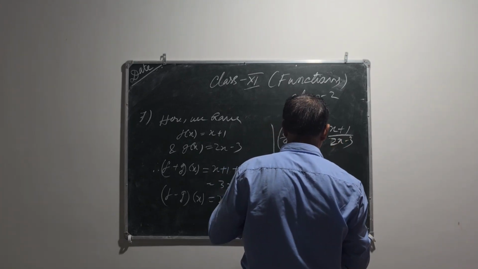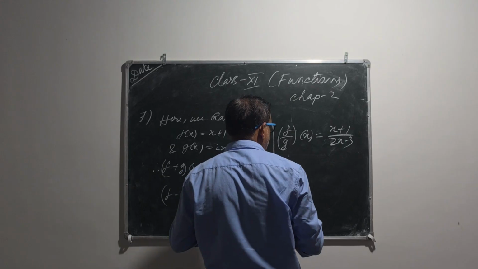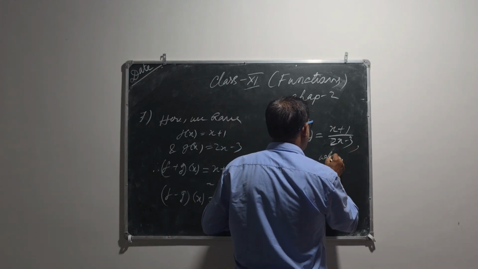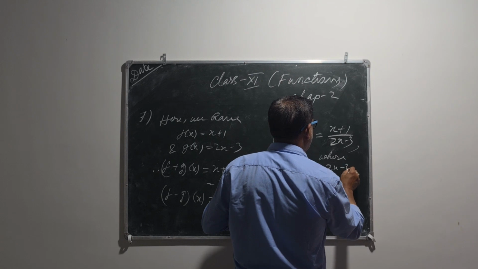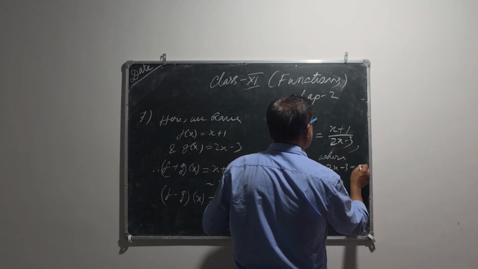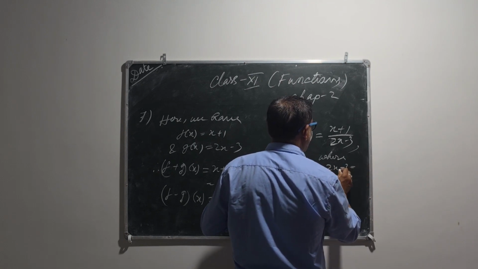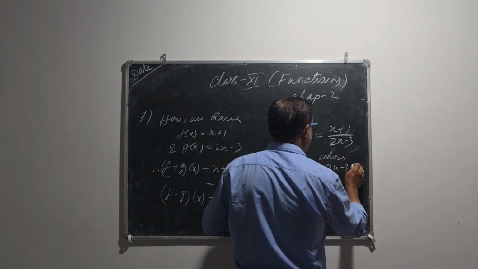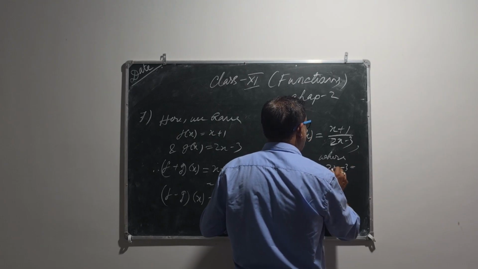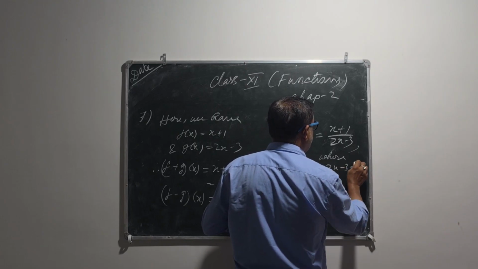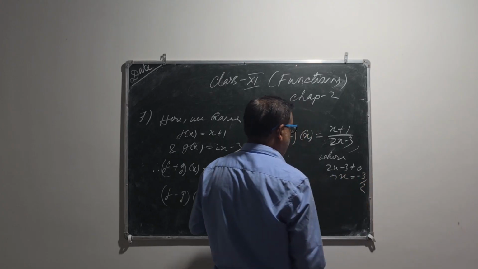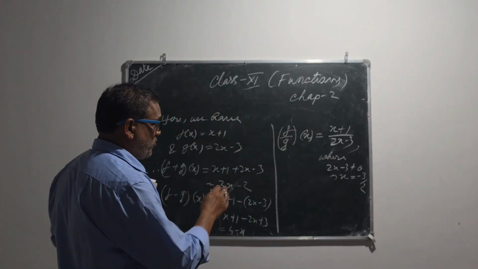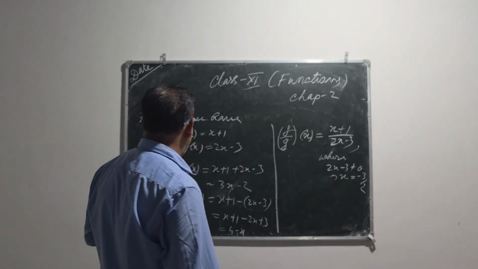This will be the quotient of the two given functions, where twice x minus 3 is not equal to 0, which implies x is not equal to 3 by 2. Except for that value, for all other values this function is applicable.